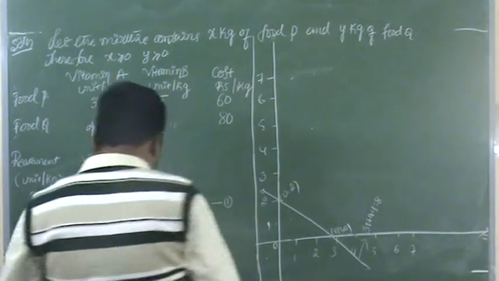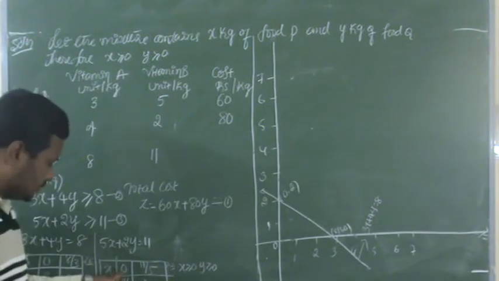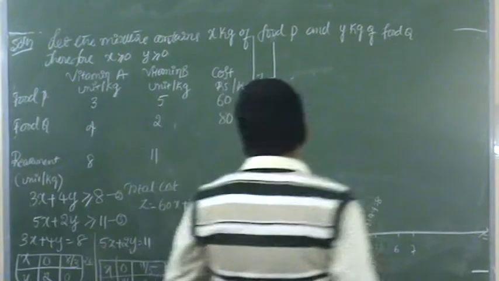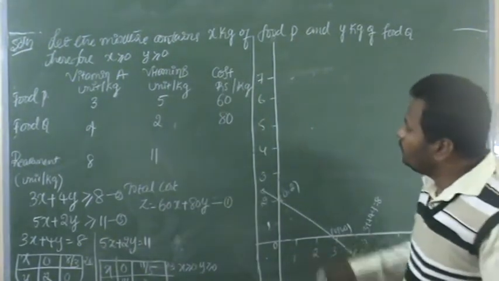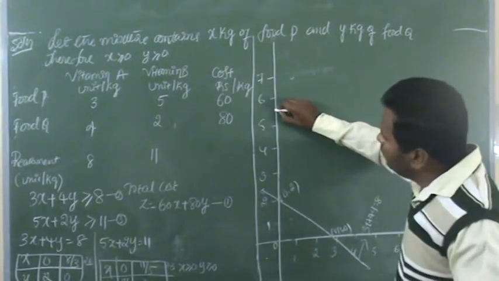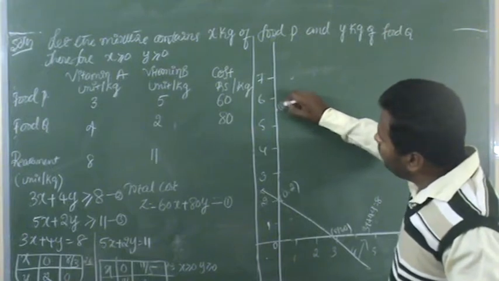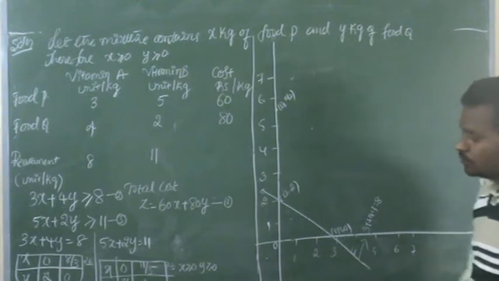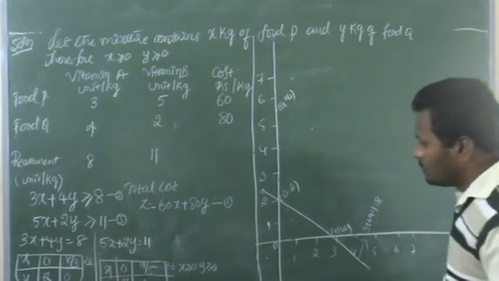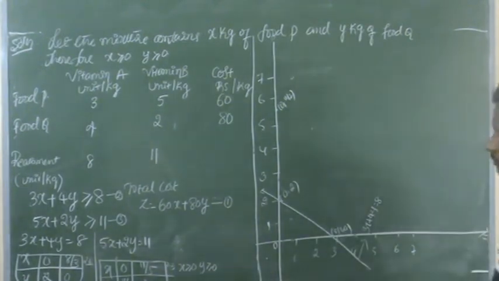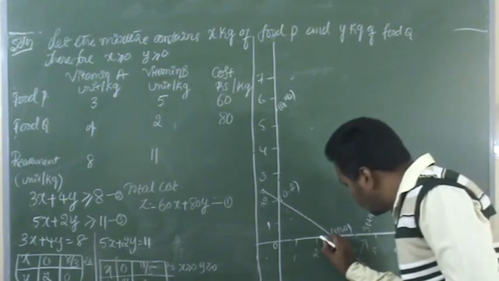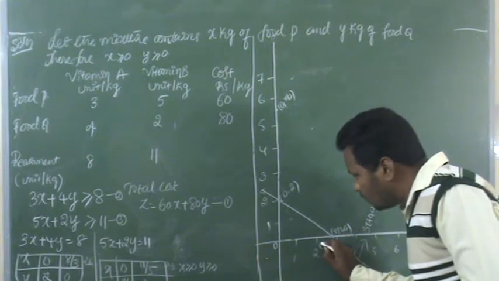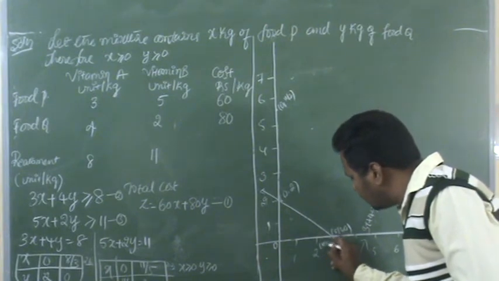For the second equation, when x is equals to 0, the y value is 11 by 2, which is approximately 5.5. That is 0 comma 11 by 2. And when y is equals to 0, x is equals to 11 by 5, which is approximately 2.2, that is 11 by 5 comma 0.